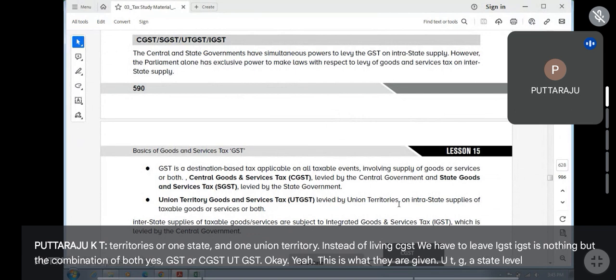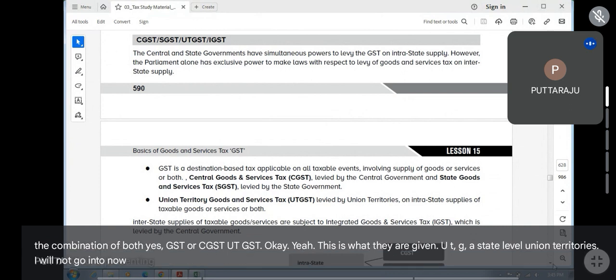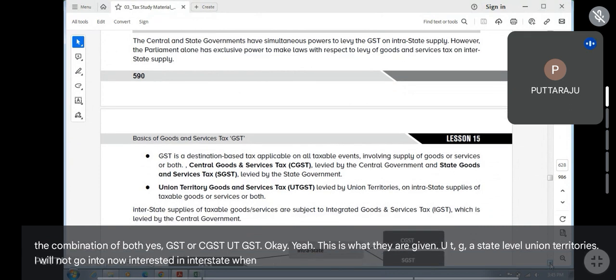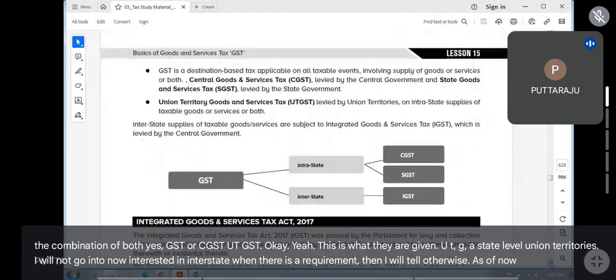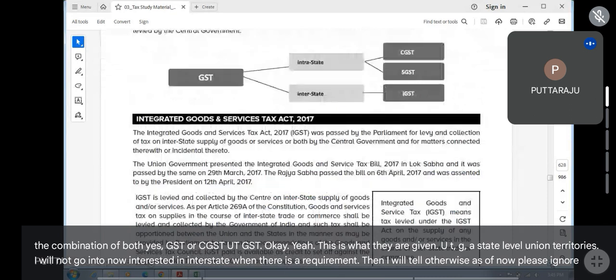UTGST is levied on union territories. I will not go into interstate and intrastate now. When there is a requirement, then I will tell. Otherwise, as of now, please ignore. Everything will come.